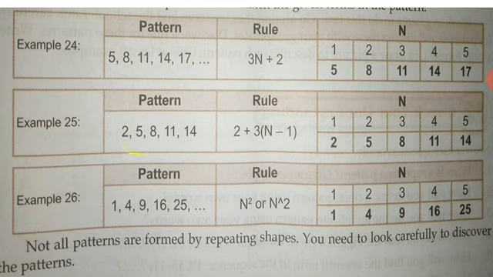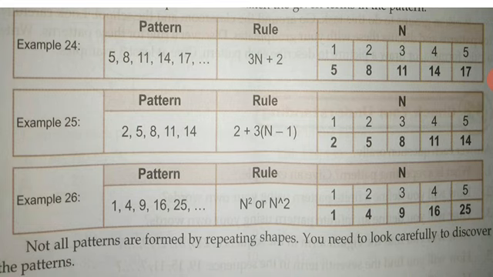It is increasing by 3 and it starts with 2. So 3 times quantity n minus 1, plus 2. If we're going to compute for the fourth term, n would be 4. So 4 minus 1 is 3, times 3 is 9, plus 2 is 11, which is correct here.